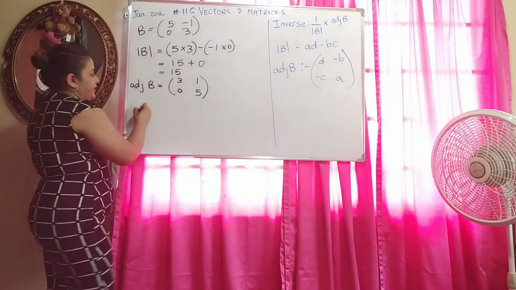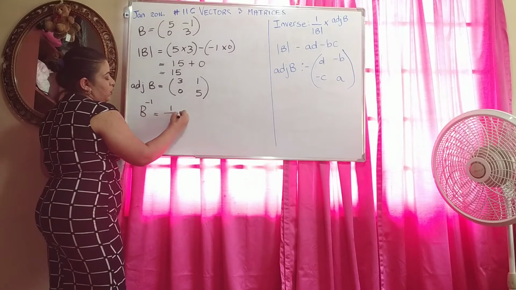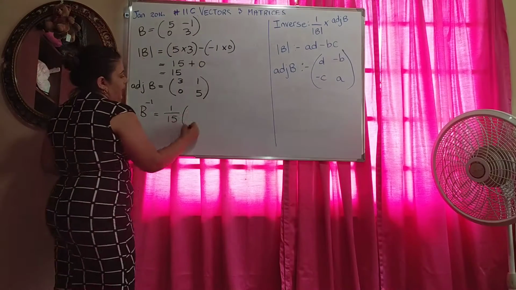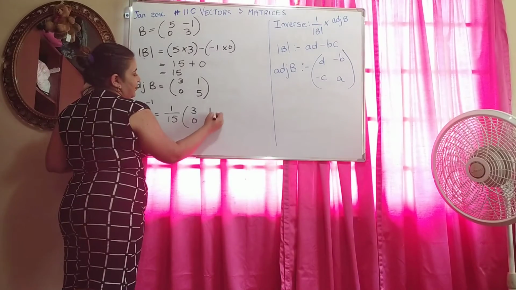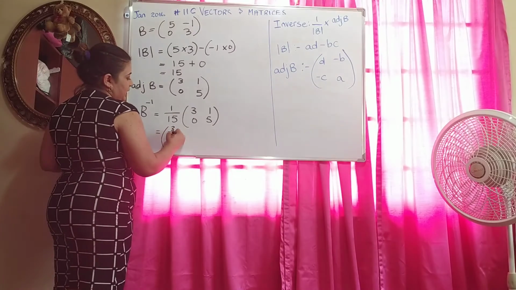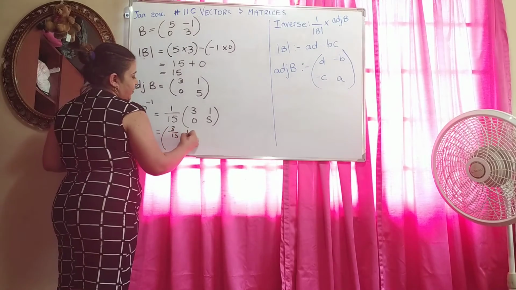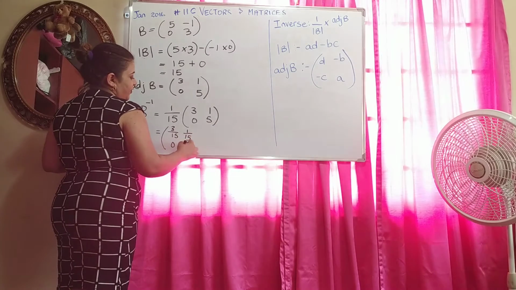In order to find the inverse now, B inverse, I multiply 1 over your determinant by the adjoint. So your inverse is 3 over 15, 1 over 15, 0, and 5 over 15.